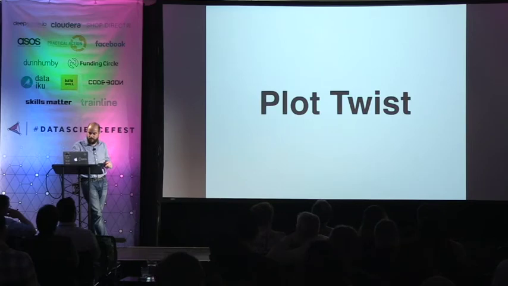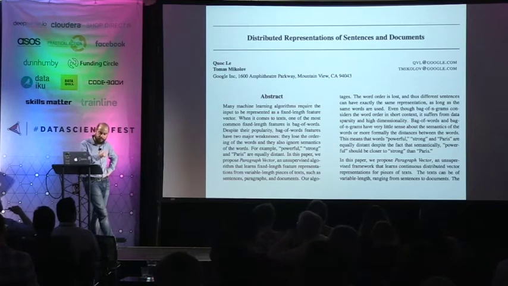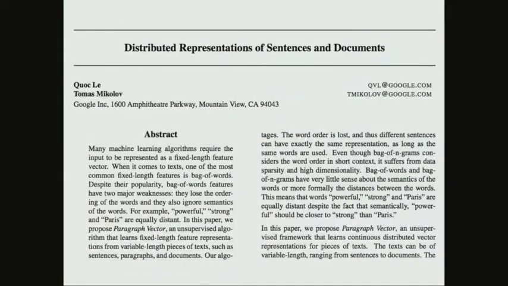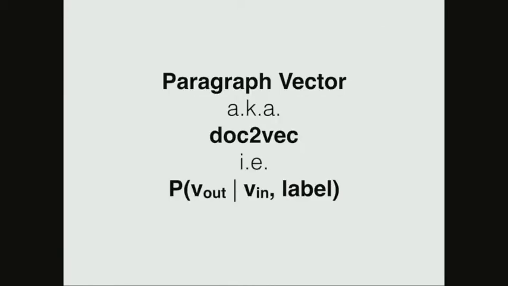If the theory is not enough so far, there's more. There's a follow-up work, also from Google. It turns out you can learn vectors that represent not only words, but also sentences and documents. This is called paragraph vector in that paper, and as a reference to word2vec it is also called doc2vec.